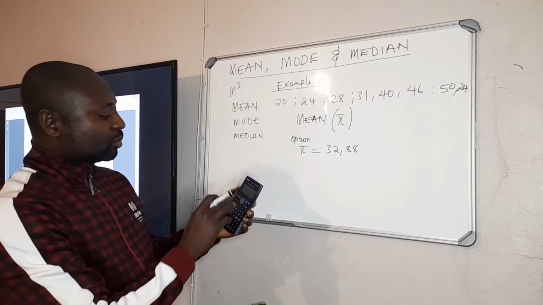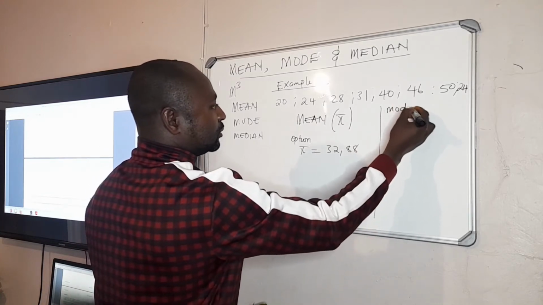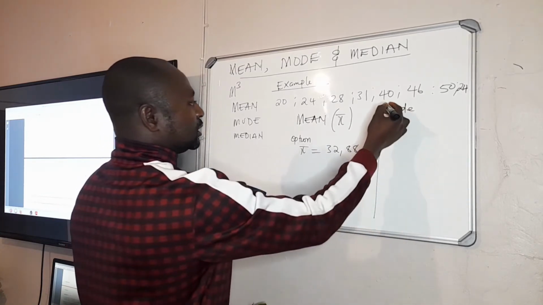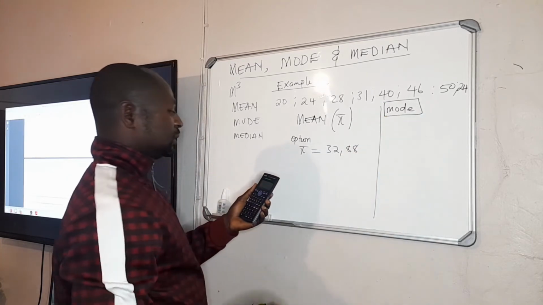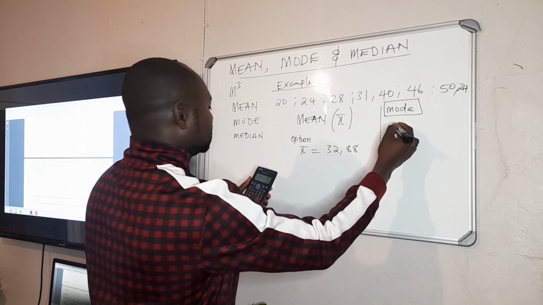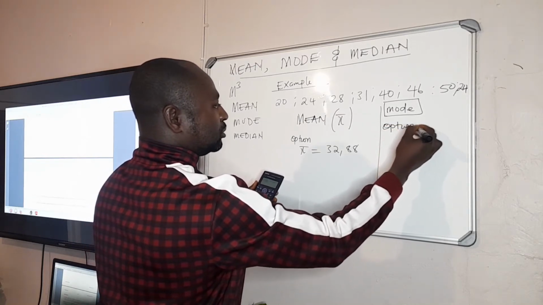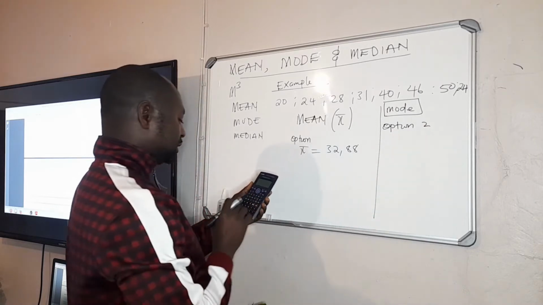I said you go to mode, so let me give you the options. You first press on the calculator, mode. That is the first button you press, and then it gives you 3 items. We select option number 2, which is statistics.